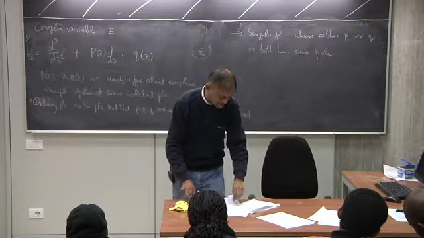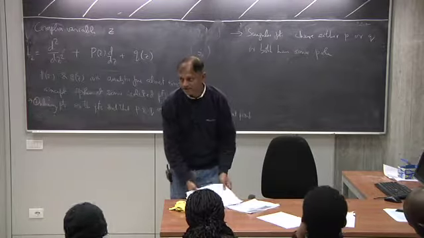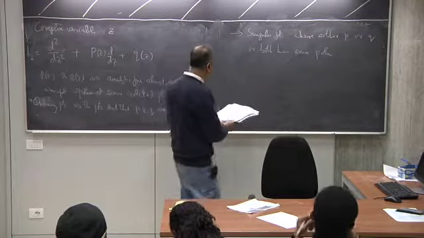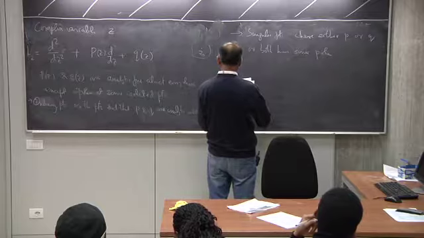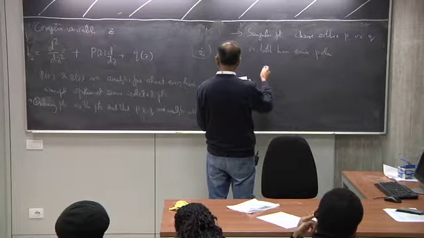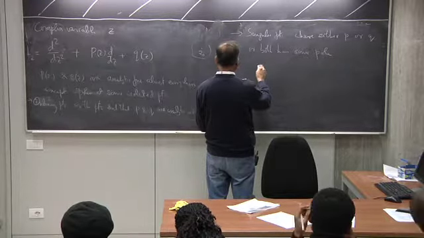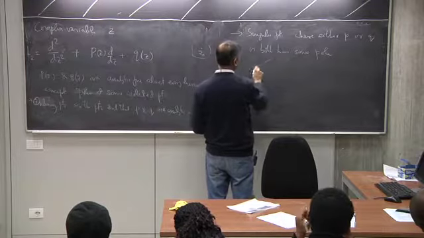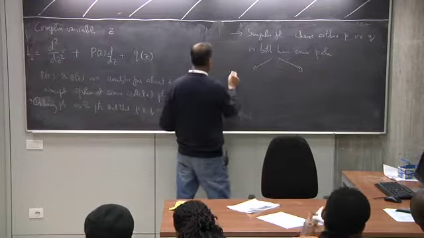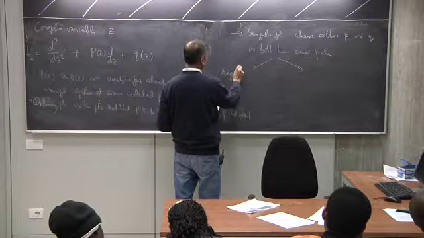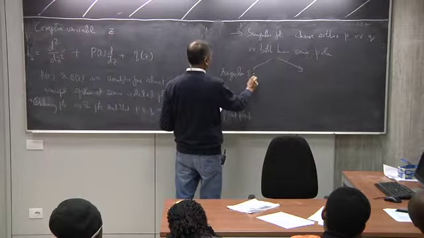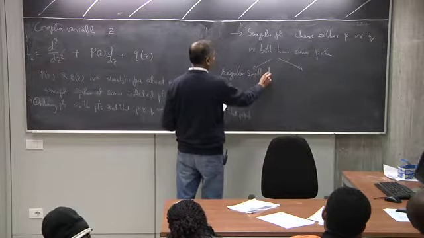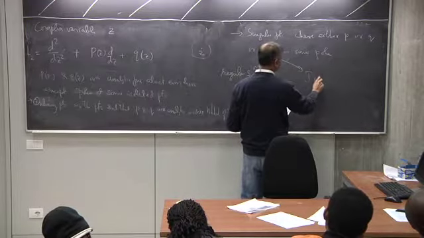The reason for this distinction is that the solutions are very different for those two types of singularities. One is called regular singular point. So this has two classes: regular singular point, and irregular singular point.